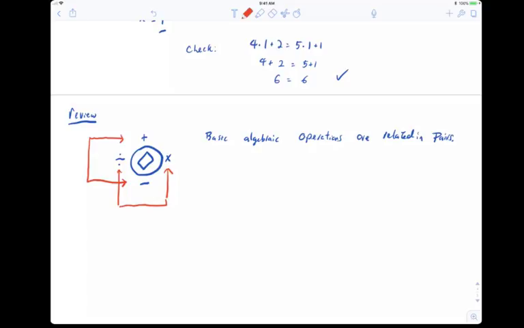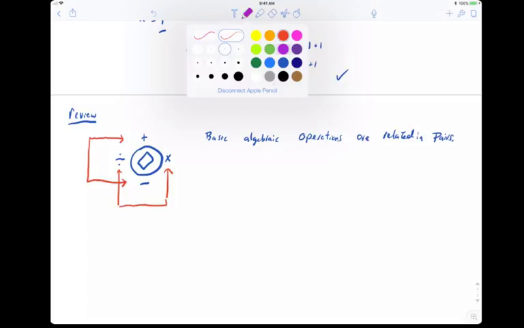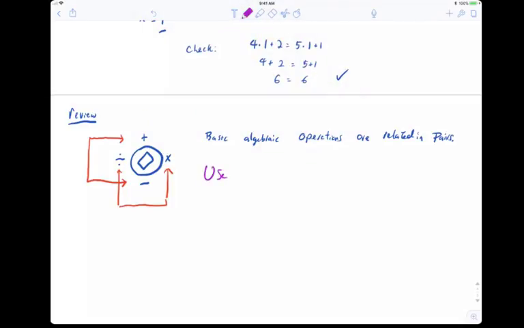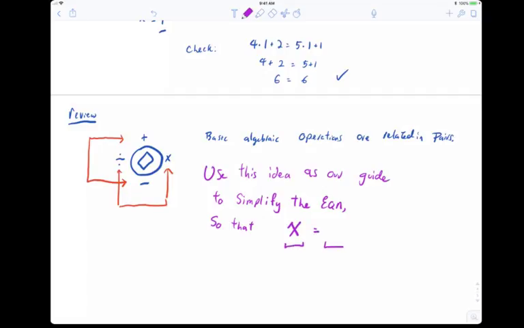So we can use this idea as our guide to simplify the equation so that the expression on the left is just an x and the expression on the right is just a number.